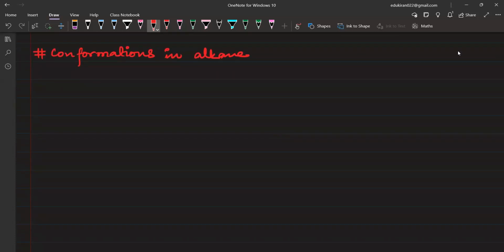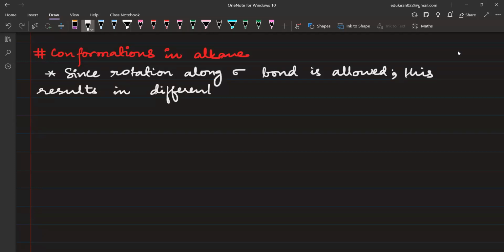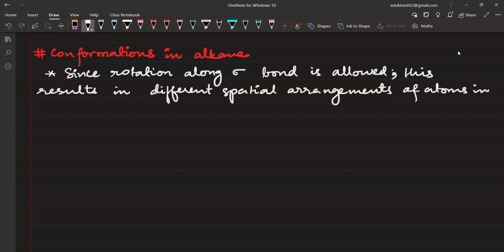You will write first of all, since rotation along sigma bond is allowed, this results in different spatial arrangements of atoms in space.